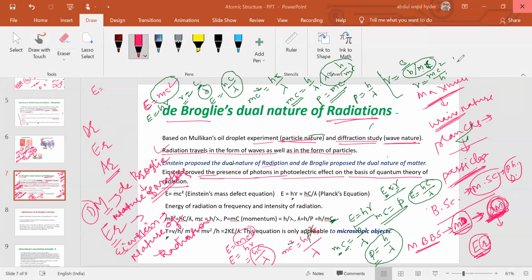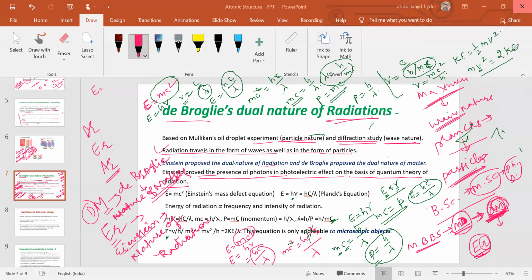Kinetic energy is equal to half mv square. So mv square, that is mc square, will be twice kinetic energy. C or v is velocity. This 2 will be shifted here. So mv square is equal to twice kinetic energy.